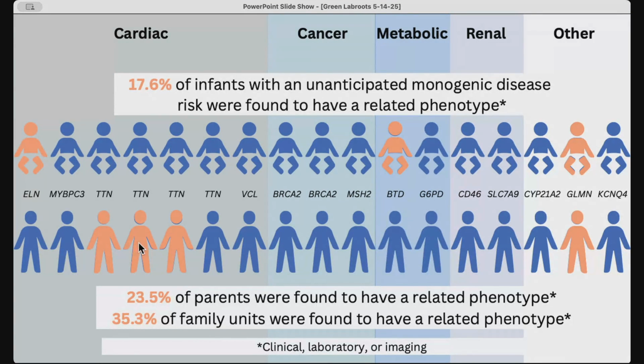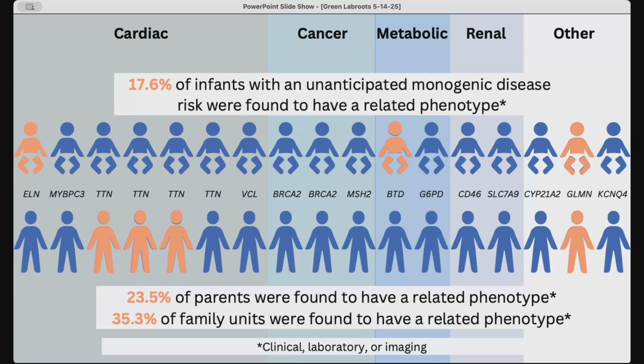Now, if you think about penetrance, which we almost never do, in terms of the family itself, now 35% of these family units had a related phenotype. Well, that's quite interesting, and it's getting up there. Very small sample size again, very specific. But what this is saying is that when you screen very broadly, we used a lot of genes here.